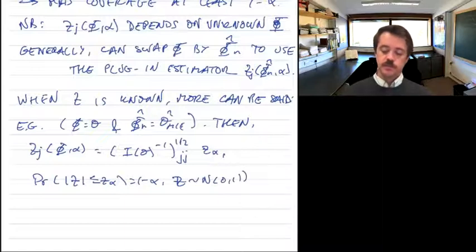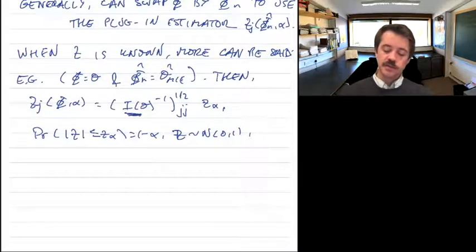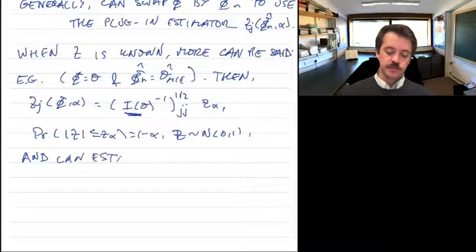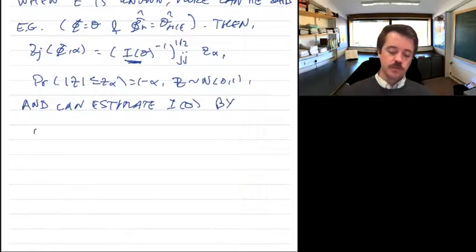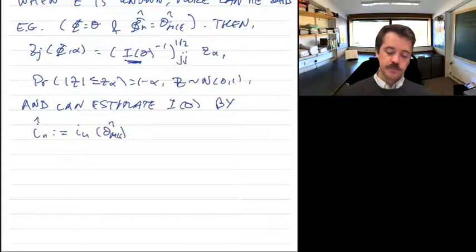Again, this now depends on something that is unknown, so we can estimate theta as follows, by these quantities which I'm going to define in a second: theta n hat, which is of course the MLE, and also another quantity that I'll define in a sec.